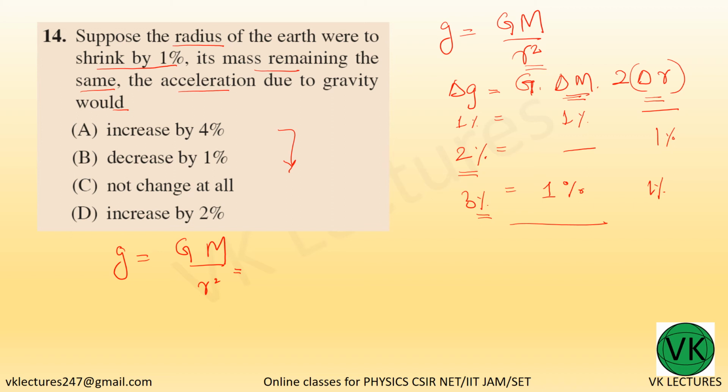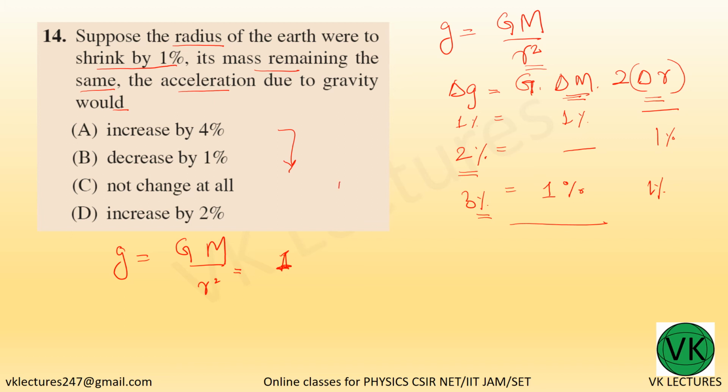For the time being, we will take capital G, M and r as 1. So if G, M and r are equal to 1, then our acceleration due to gravity is equal to 1.